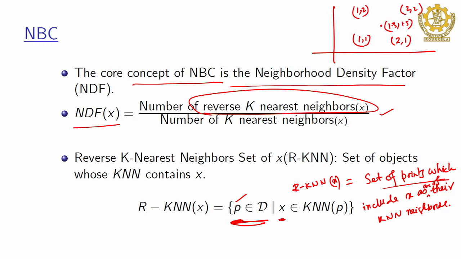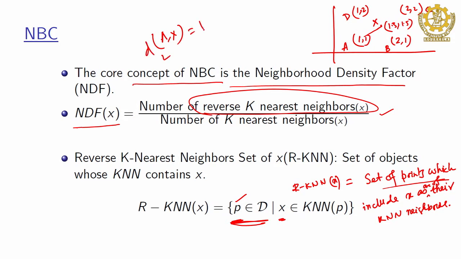Let us say we are considering the L1 distance. This is A, B, this is C, this is D, and this is X. Then what will be the L1 distance between A and X?